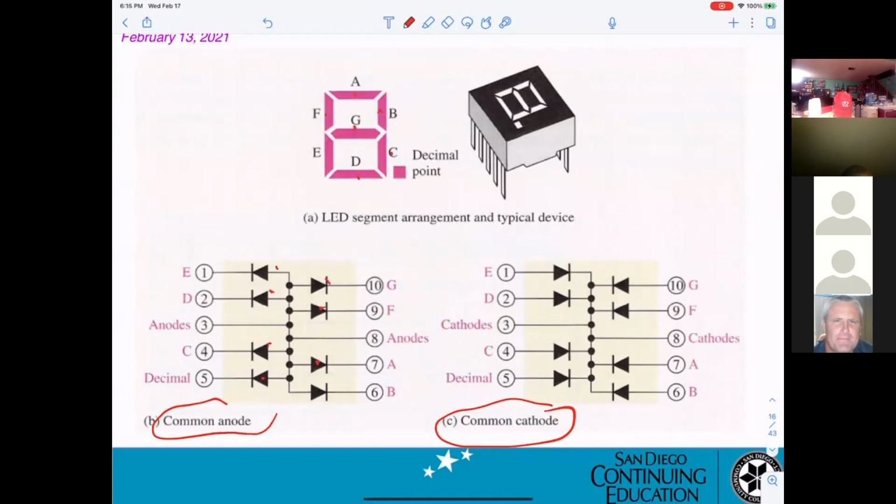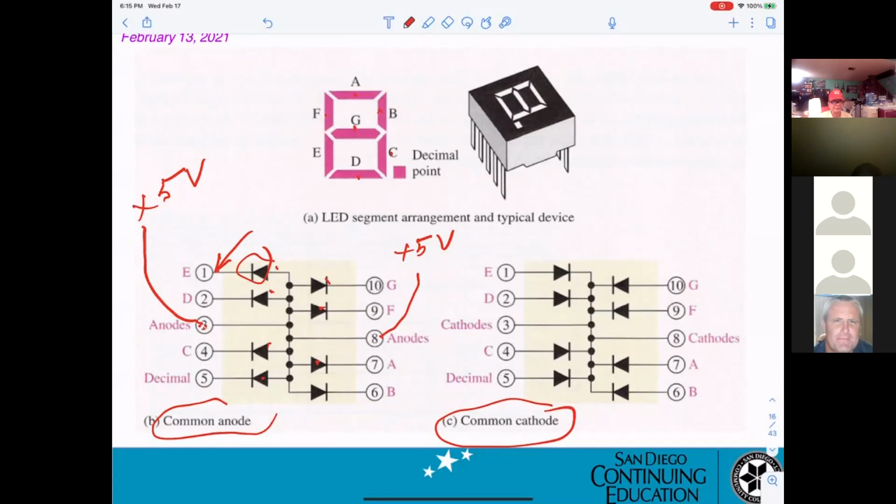Now, in order to turn on this diode inside here, common anode means this must be connected to 5 volt. This has to be connected to 5 volt. So if you want to turn on this diode, what logic here?